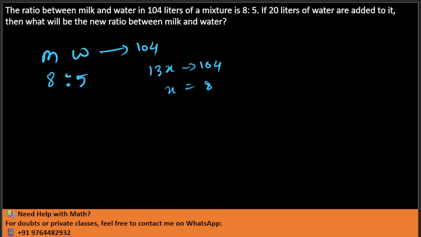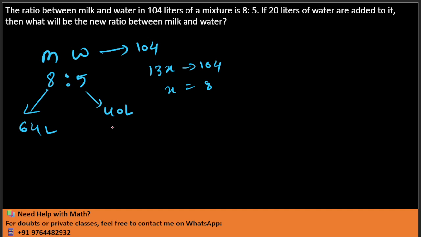So the quantity of milk will be how much? 8 8s are 64, and water will be 40 liter, right? And now what we are doing here, we are adding 20 liters of water.